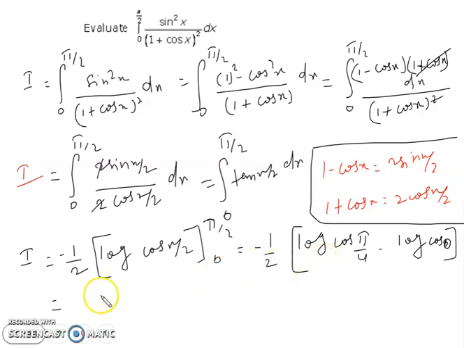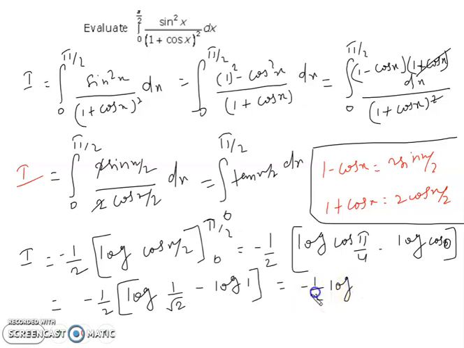So minus 1 by 2 [log 1 by root 2 minus log 1], and log 1 is equal to 0, so directly we can write minus 1 by 2 log 1 by root 2, so this will be the correct answer.